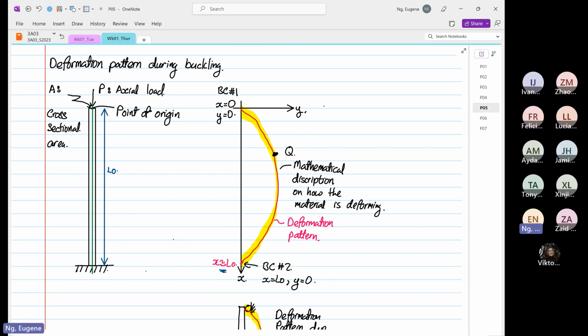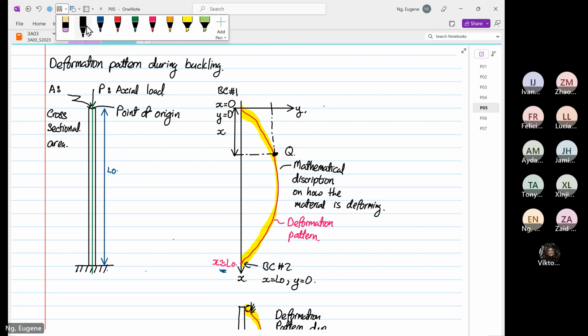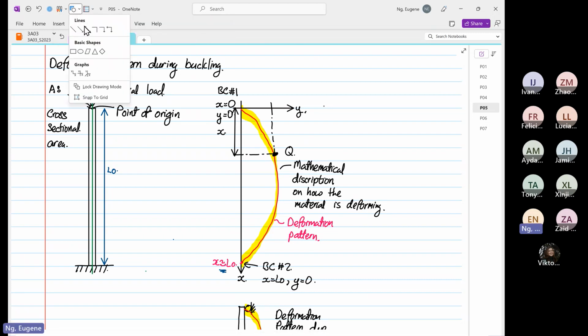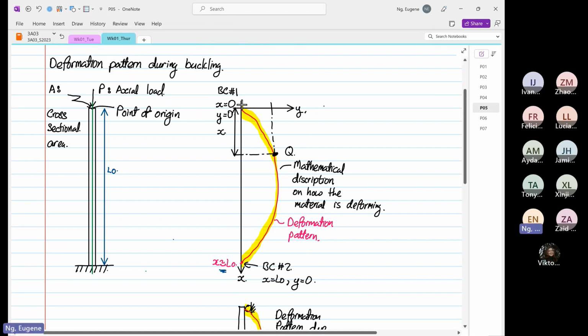One of them is that it has a known value, or specific distance, of x, and because it's buckling, it also has a very specific distance in y.